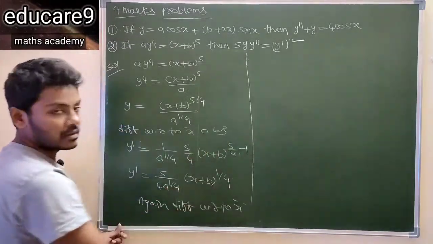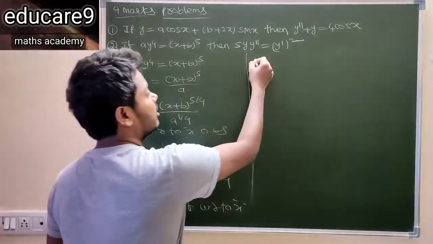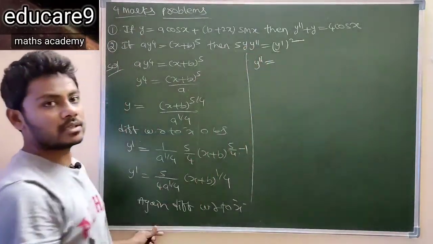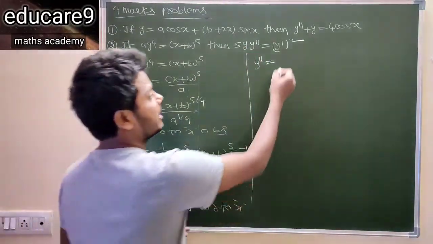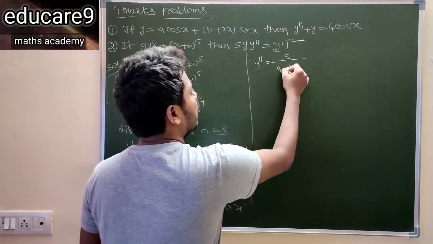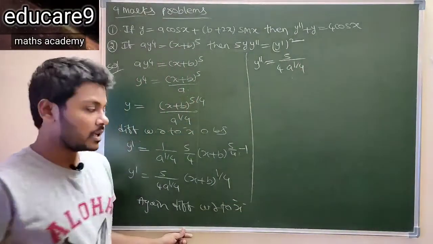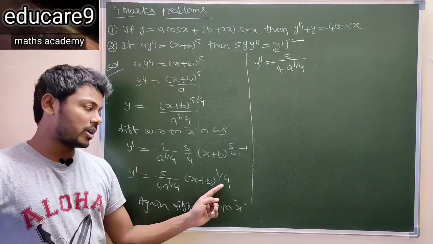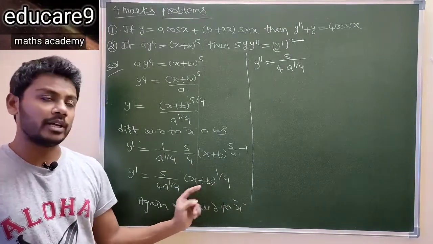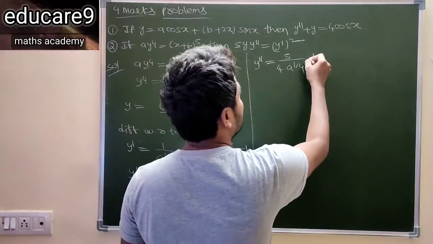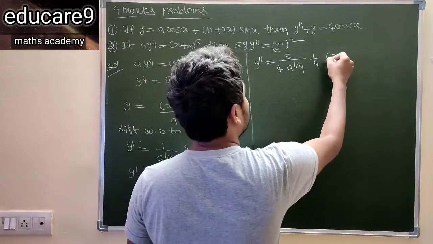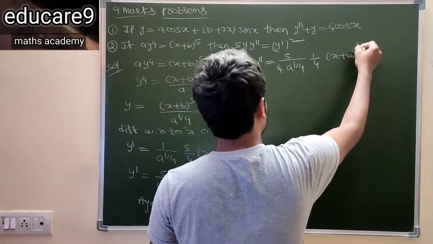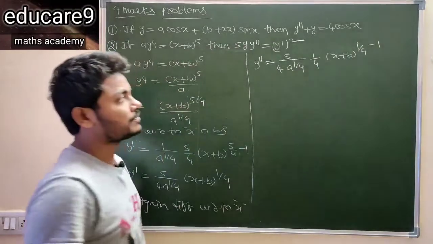See here, the derivative of y dash is y double dash. This is equal to the constant 5 by 4 a power 1 by 4, and using the form of x to the power of n, n into x to the power of n minus 1, that is 1 by 4 into x plus b whole to the power of 1 by 4 minus 1.